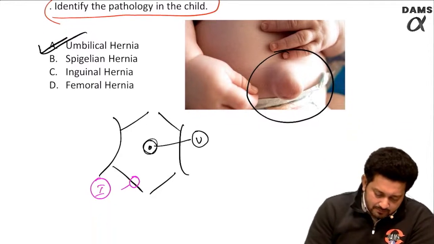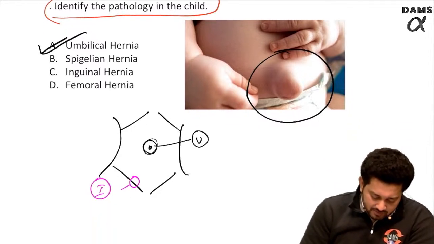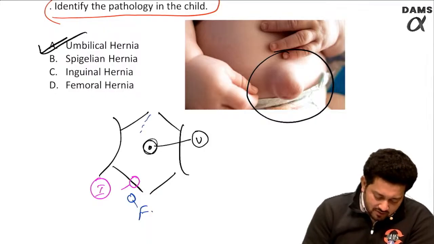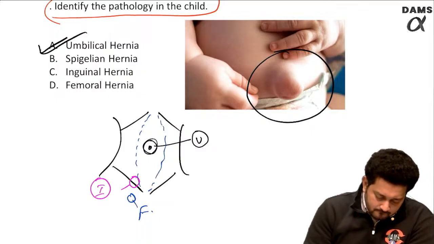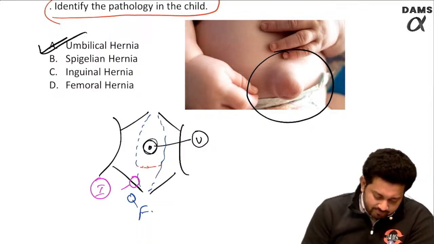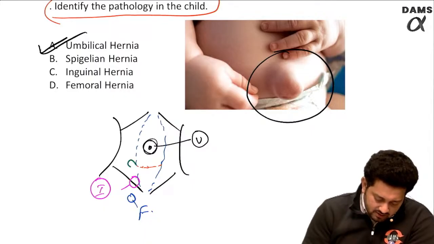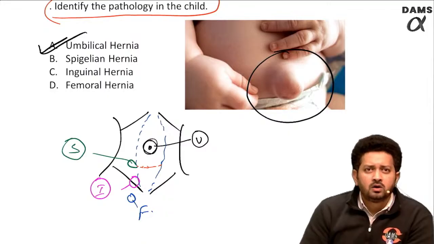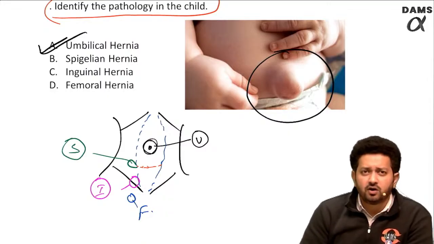Femoral hernia is seen below and lateral to the pubic tubercle. Spigelian hernia you will see at the lateral border of the rectus, just above the arcuate line. So that was a very straightforward umbilical hernia given in the picture.